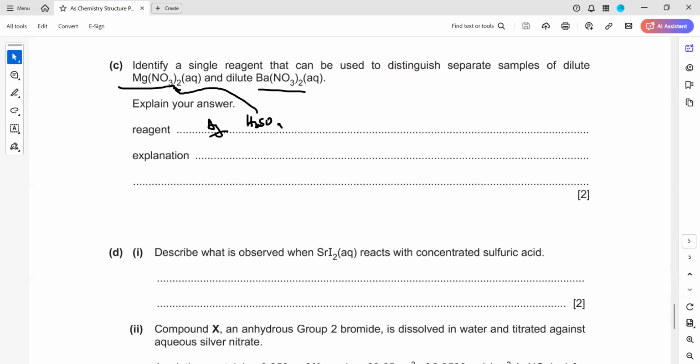But if we add sulfuric acid to a barium nitrate solution, it will form barium sulfate, which is insoluble.